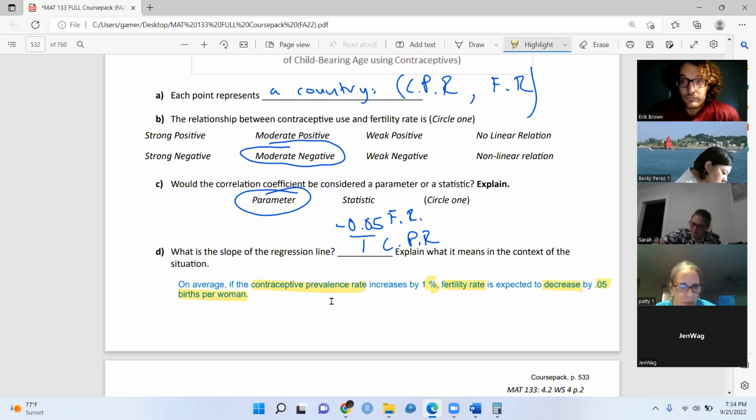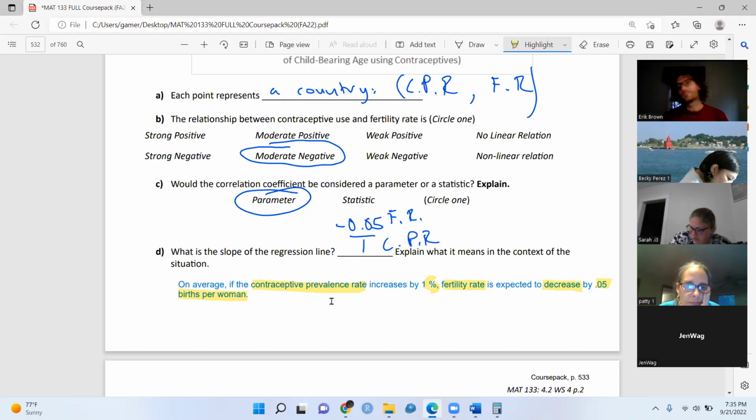Even though the fertility rate is negative 0.05, you wrote a positive 0.05. Look at the word before it. Because when we write the script, we don't put the negative in front of the number because the word in front of it already depicts that. Yes, you're right. Okay, thank you. We don't write the positive in front of it, the plus sign in front of it either, but we don't really think about that.